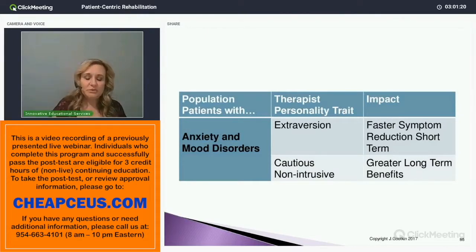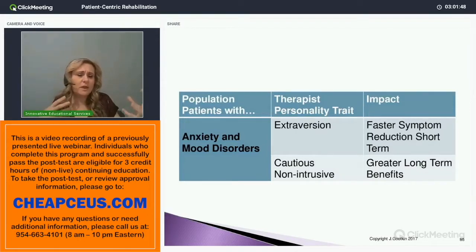If we look at patients who have anxiety and mood disorders, what they found in clinicians that they work with, and this is a little bit more from a mental health perspective, is that if the therapist had a significant extroversion quality, where they were more outgoing and gregarious, those patients in the short term had faster improvements in their outcomes.